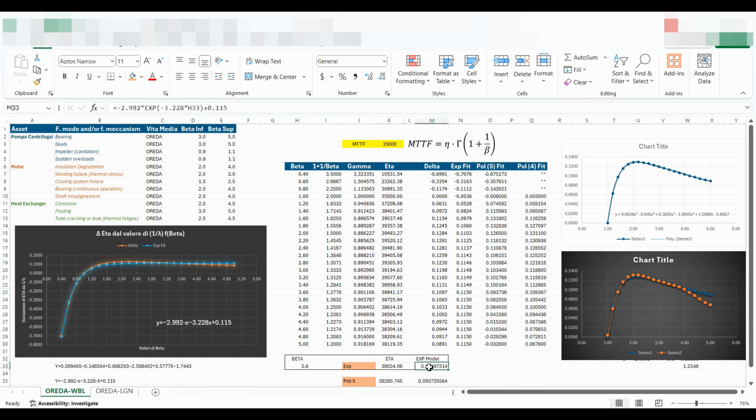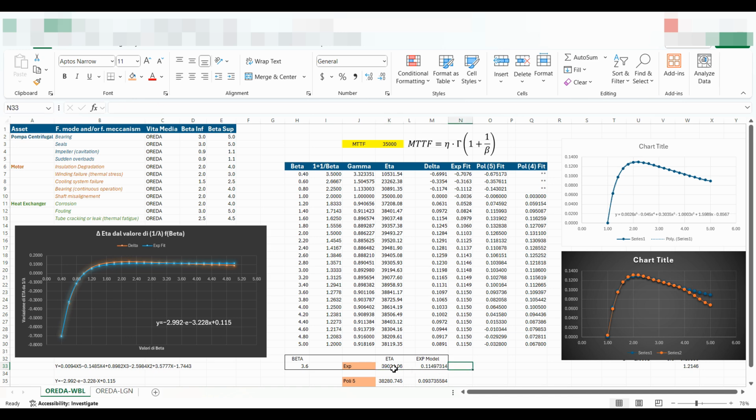And what we do, we fit the exponential model which we found, and it tells us that the delta, the extra bit, the variation between the eta and the mean life, is roughly 0.115. So we take the new eta that we estimate from our model, which is basically 35,000 plus 1.115.